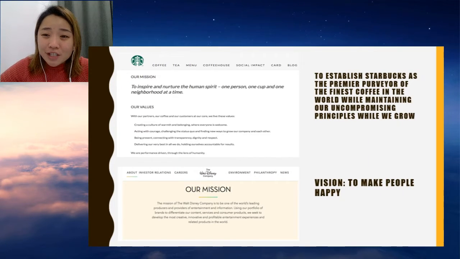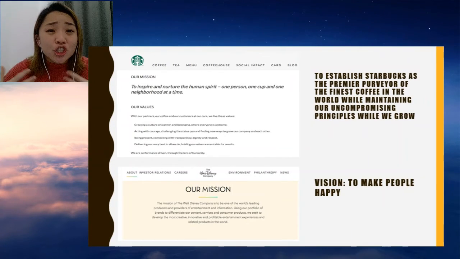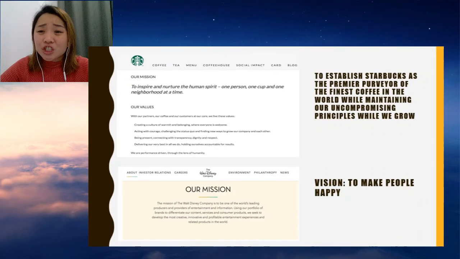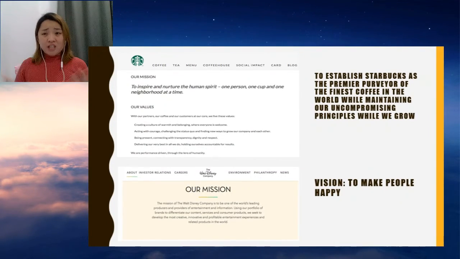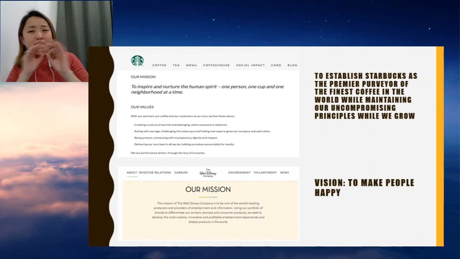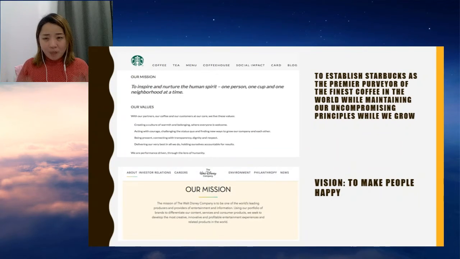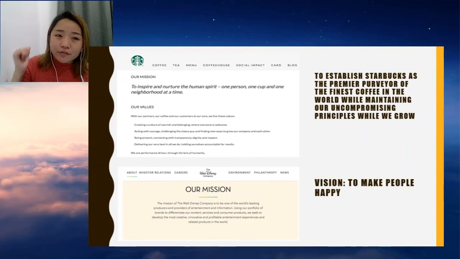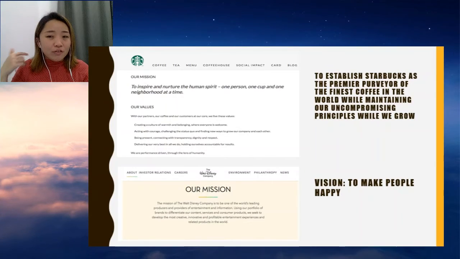And of course, as they explain, how they are achieving their mission is to establish Starbucks as the premier purveyor of the finest coffee. That means they make the finest coffee in the world while maintaining their principles as they grow. It's very reflective of their values and their mission.